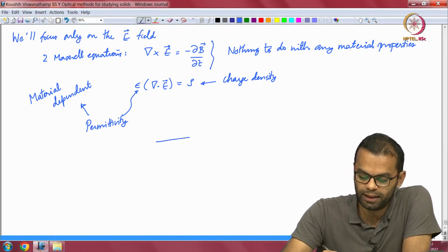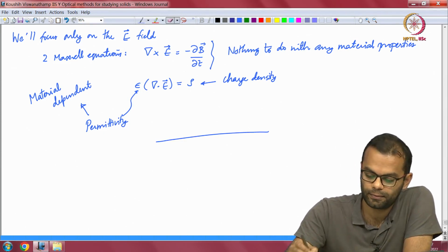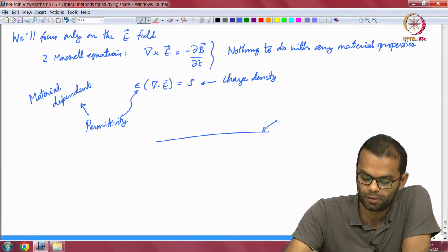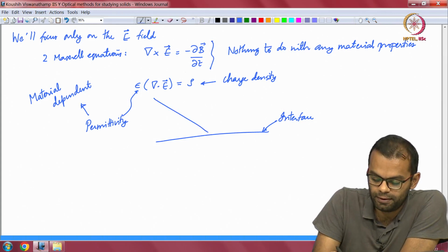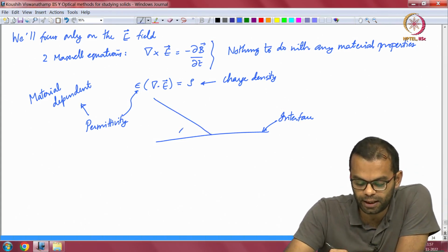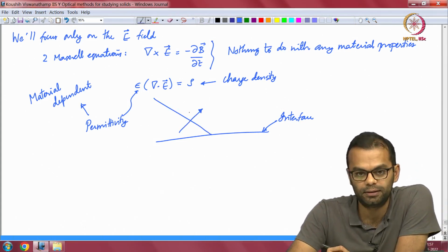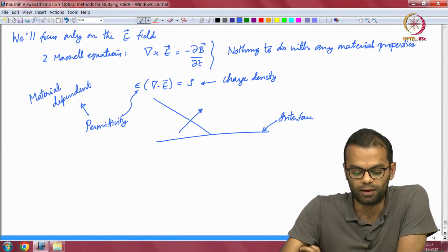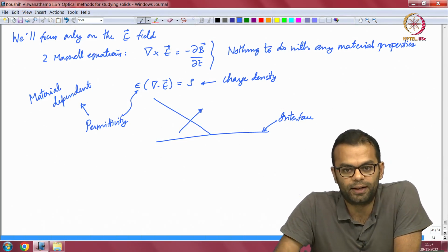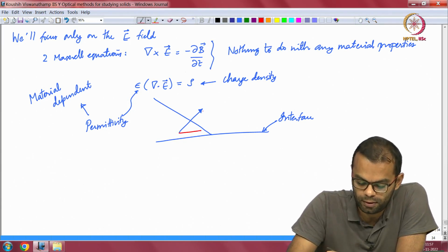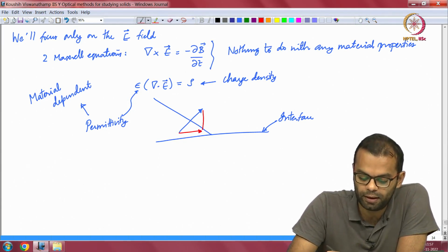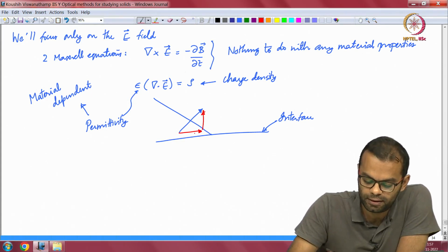Now if you take the interface and you look at the incoming wave like this and you take the electric field vector, I am going to draw it bigger just to illustrate what I am talking about. You can resolve this vector into two components. You can resolve it parallel to the interface.